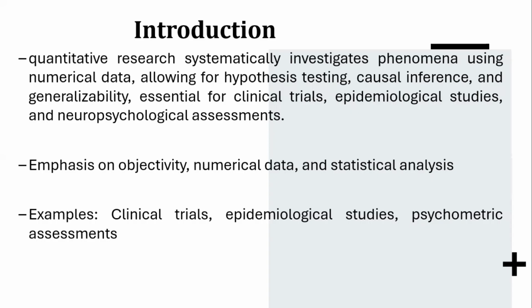Now, the quantitative method emphasizes objectivity. We discussed this in the philosophical foundation. Objectivity, where it seeks to draw out subjective values. And so the only way quantitative methods seek to achieve objectivity is to use numerical data to draw on statistical analysis.